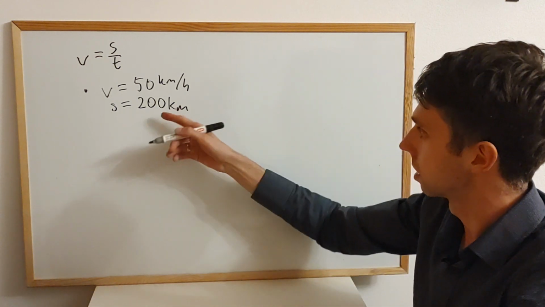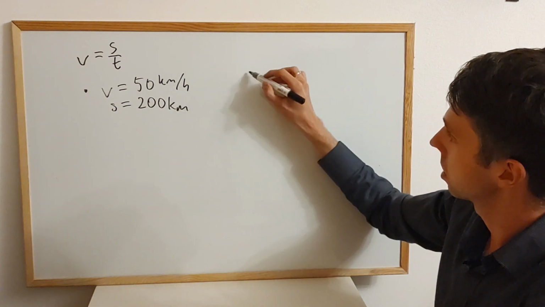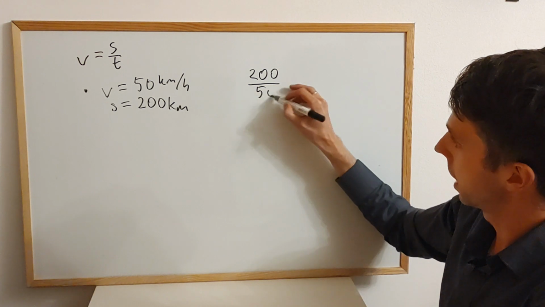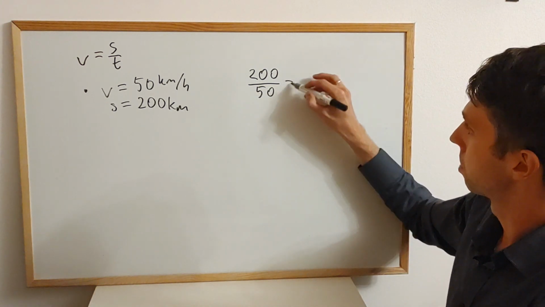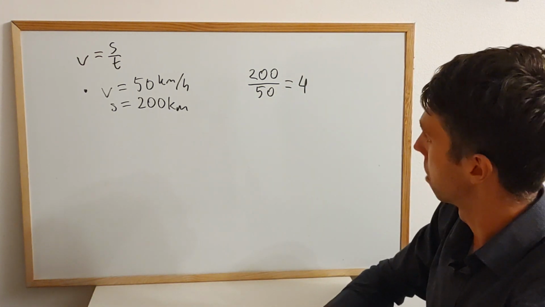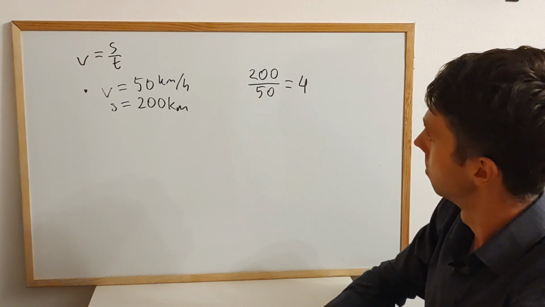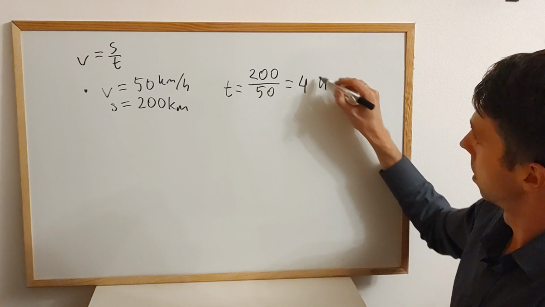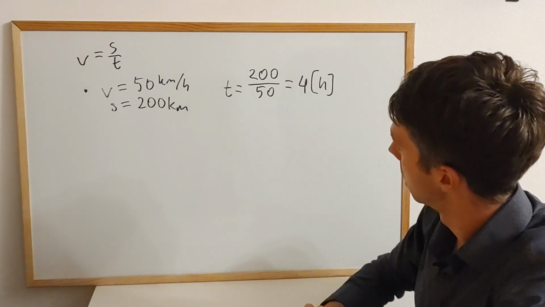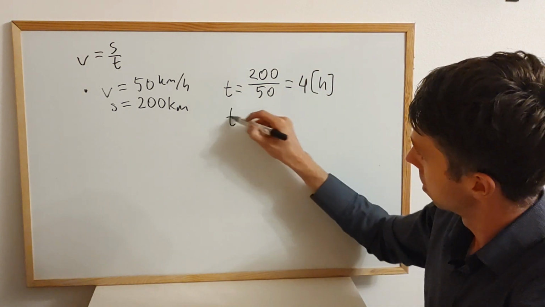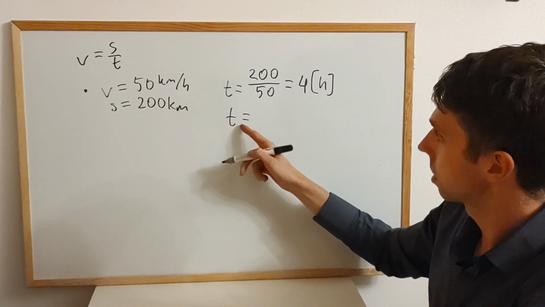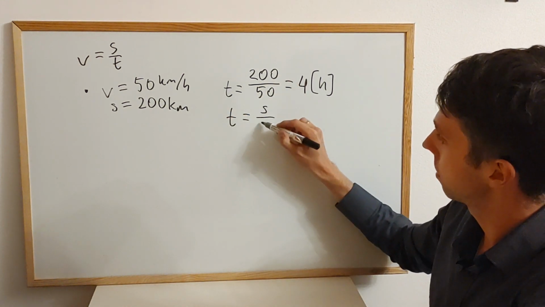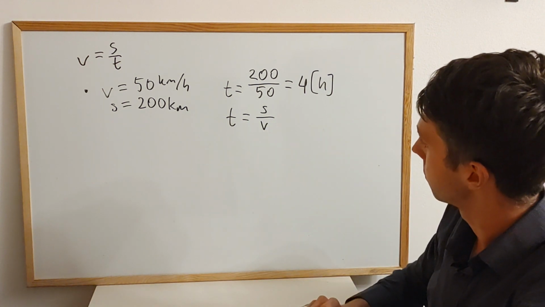How did you get it? What you do, you divide 200 by 50 and you obtain 4 hours. So to calculate time, you take distance and you divide by speed.